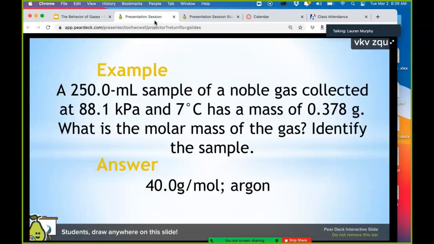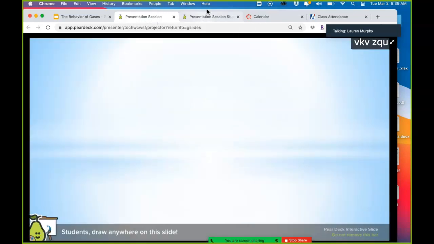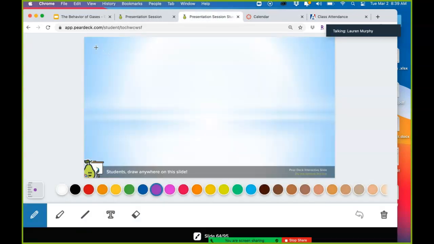So what is our ideal gas law? Our ideal gas law is PV equals nRT. And then the new equation we learned yesterday, that you do not have to memorize but you have to know how to use, is that the number of moles, n, equals mass divided by molar mass.